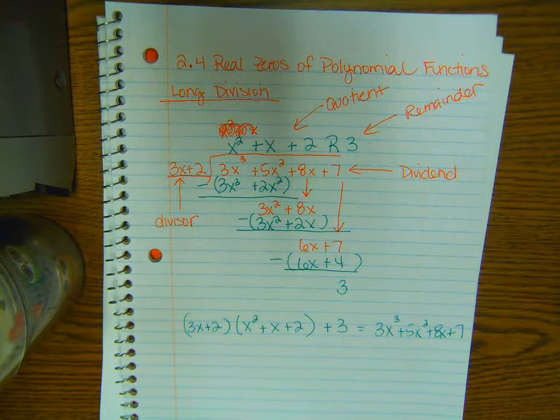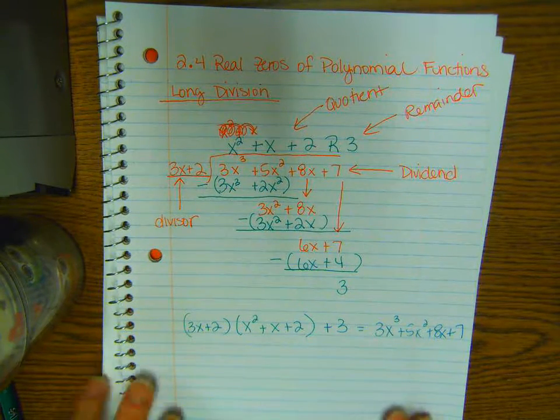So what does it mean if I get a remainder of 0 in polynomial division? What do you remember about that? It does.